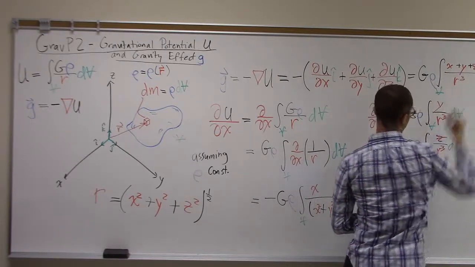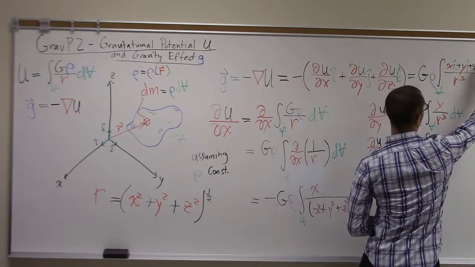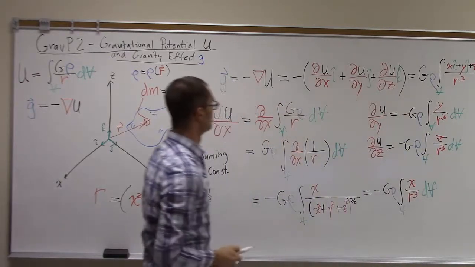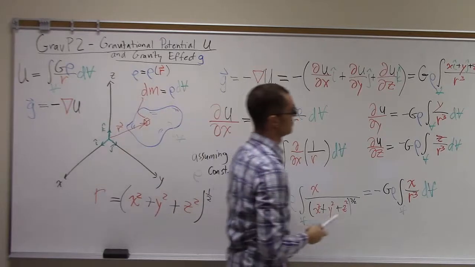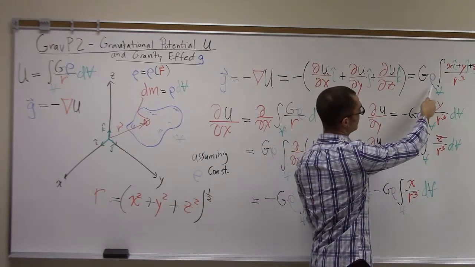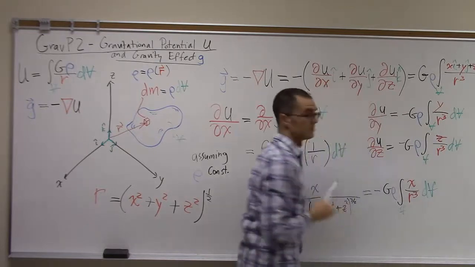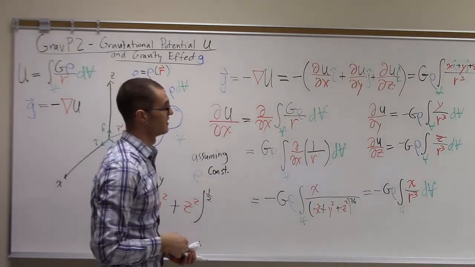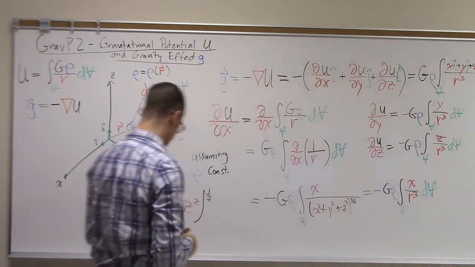These are the 3 vector components of the gravity field, i, j, k, dV. So the gravity field due to that arbitrary mass, assuming that it has constant density, is this integral here, which has 3 vector components. And notice there's a positive sign now, and its components are just x, y, and z.